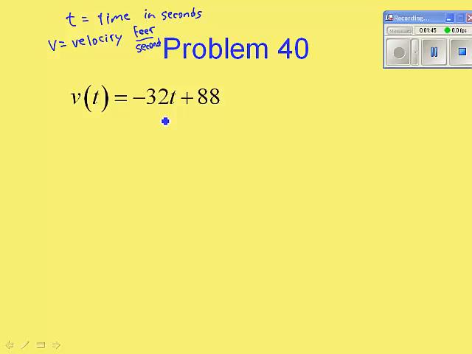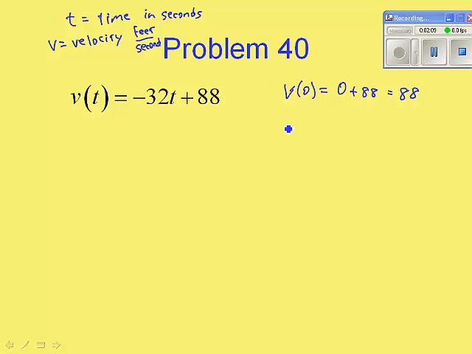How do I know that? Well, by the way, what's the initial speed? What is v of 0? Well, it's 88, right? So that says we threw the object up in the air at 88 feet per second. Over time, what's going to happen to that object? Well, the speed is going to slow down, right?